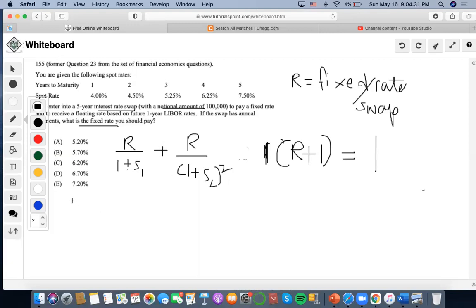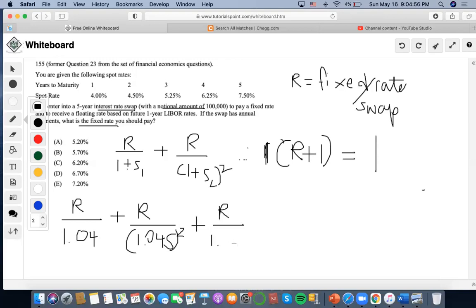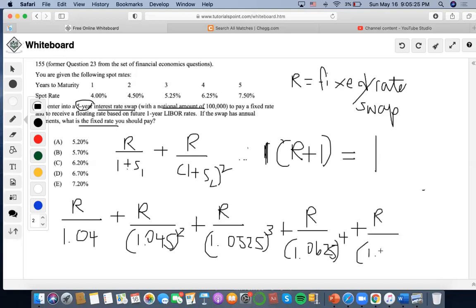We're going to do R over the first spot rate, 1.04, plus R over 1.045 squared, plus R over 1.0525 cubed, plus R over 1.0625, remember, they said 5 years for using all of these, plus R over 1.075 to the fifth.